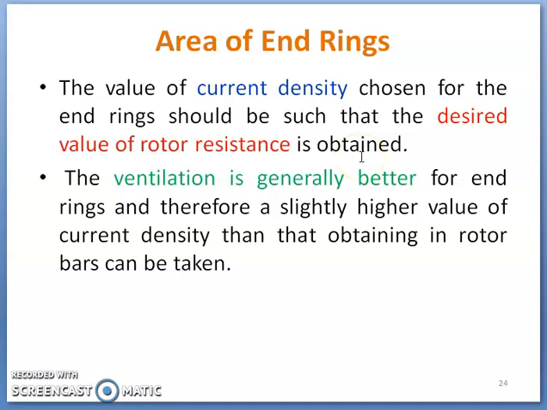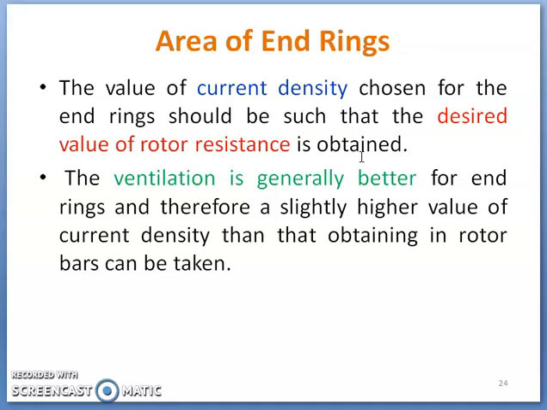Current density is very important, and that will decide rotor resistance, because current density is current per area. Once higher values of current density are chosen, that means even a small cross-sectional area of conductor is used, and in that case, definitely resistance will change.